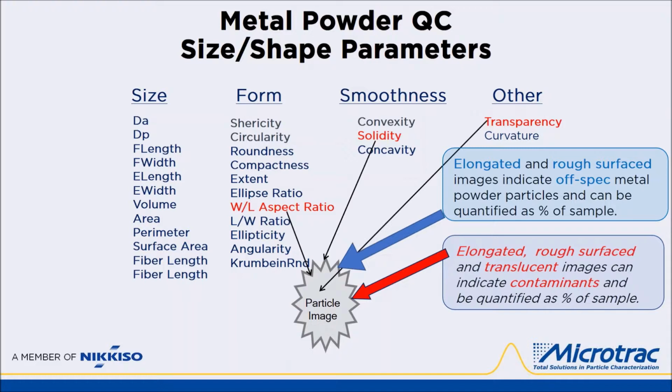An elongated, rough surface or translucent image can indicate contaminants in a metal powder sample. The translucent image, with transparency on a scale of 0 to 1, a high transparency, would indicate a glass or plastic, charred or translucent mineral particle.